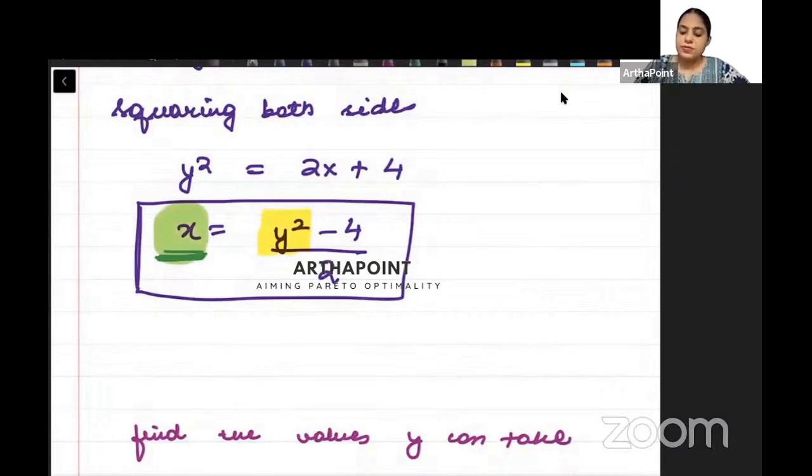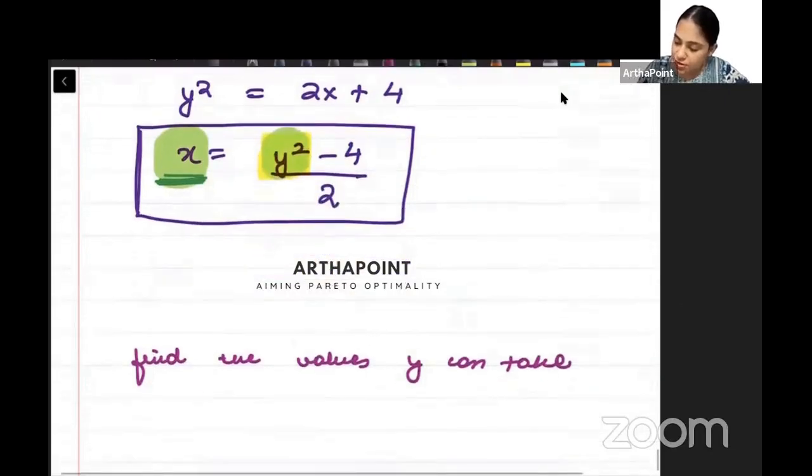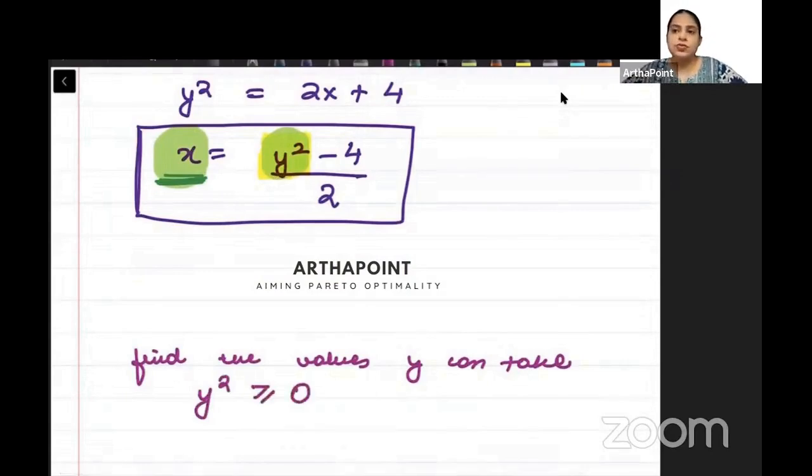The question is, this y square will always be greater than or equal to 0. The square of any number is always greater than or equal to 0. Isn't it?